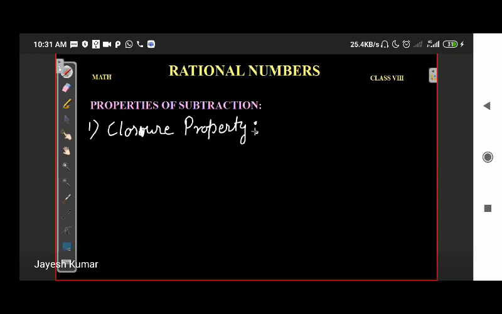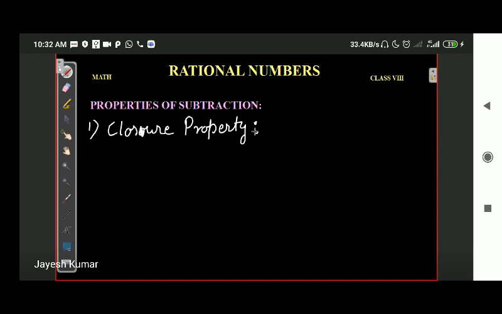So in addition, what was the closure property? The closure property for addition was saying that for the addition of two rational numbers, the answer is always a rational number. A similar type of property we have for subtraction.